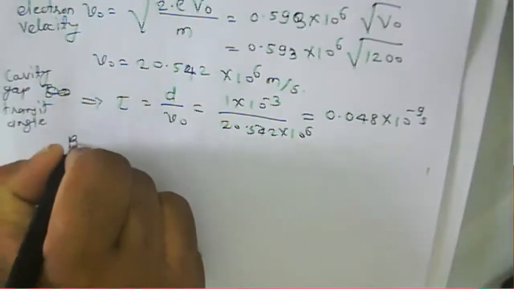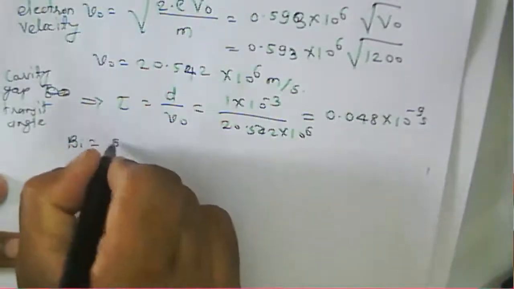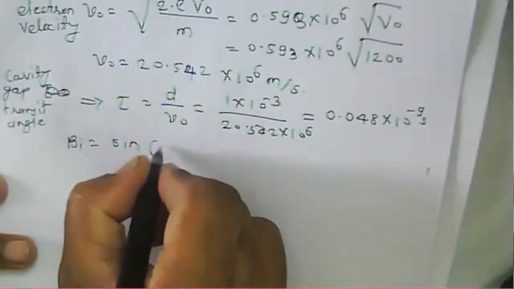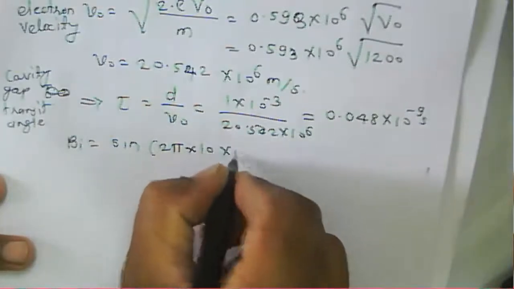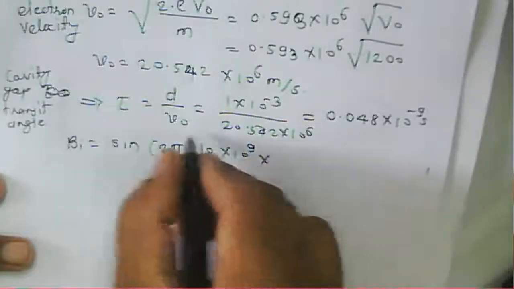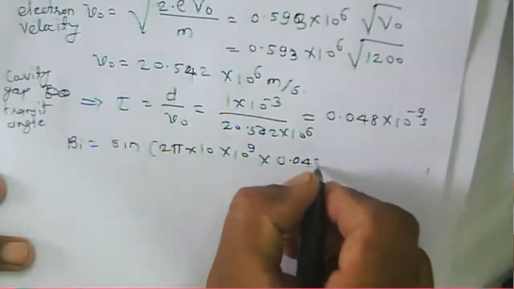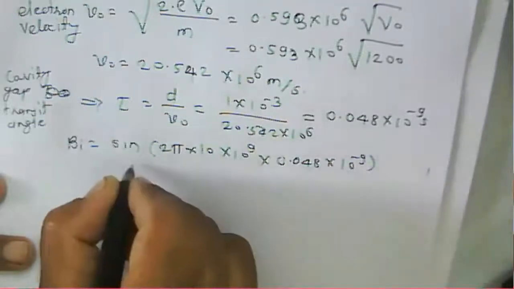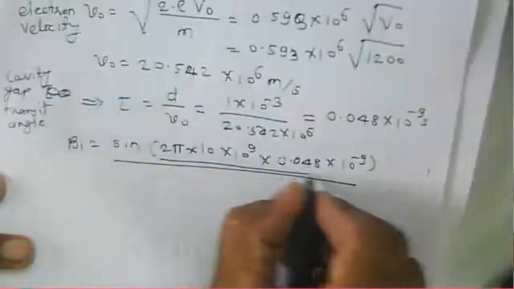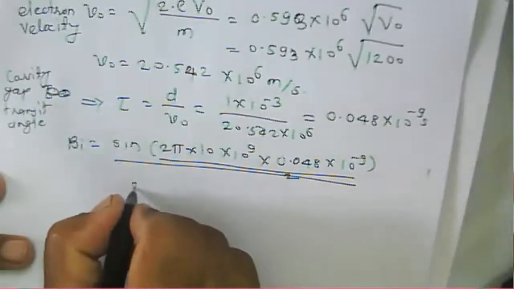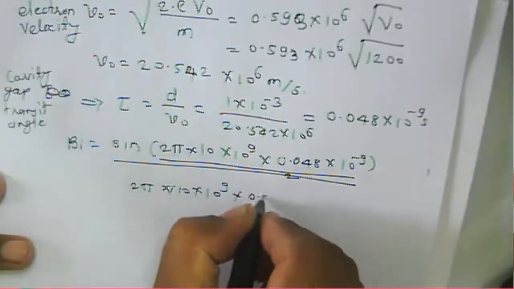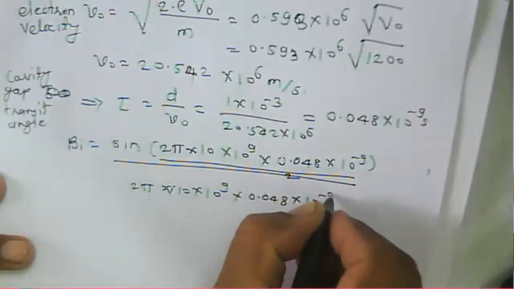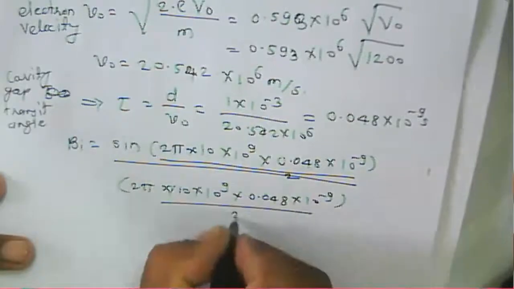Then the beam coupling coefficient beta i is equal to sine of omega tau by 2 divided by omega tau by 2. Omega is equal to twice pi f, where f is the frequency, 10 gigahertz, that is 10 to the power 9, and tau is 0.048 into 10 to the power minus 9. So omega tau by 2 is twice pi into 10 into 10 to the power 9 into 0.048 into 10 to the power minus 9, divided by 2.